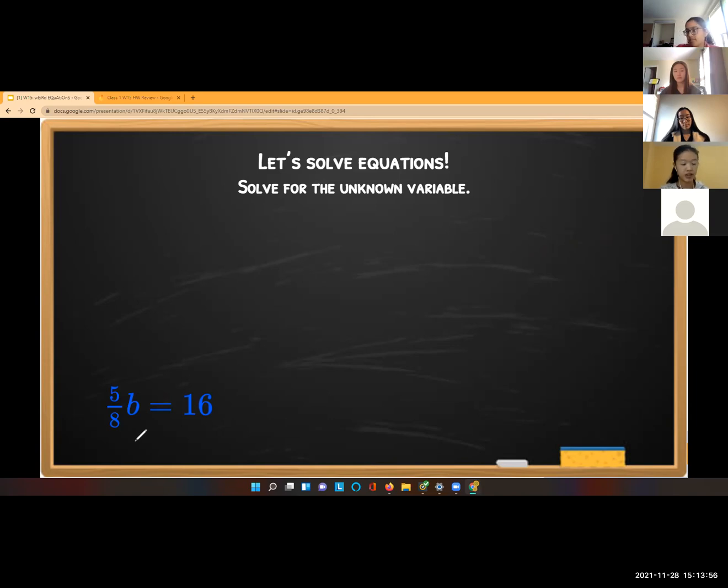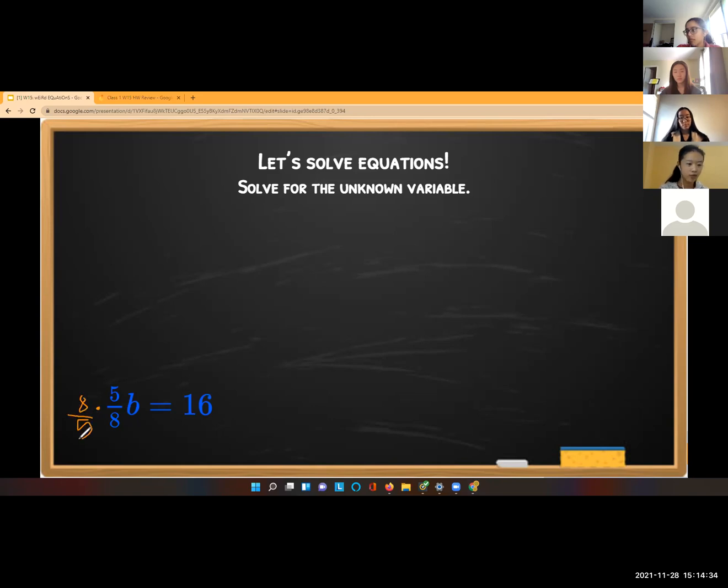Okay, next problem: 5/8 b equals 16. What is the value of b? For this problem, you can multiply both sides by 8/5.